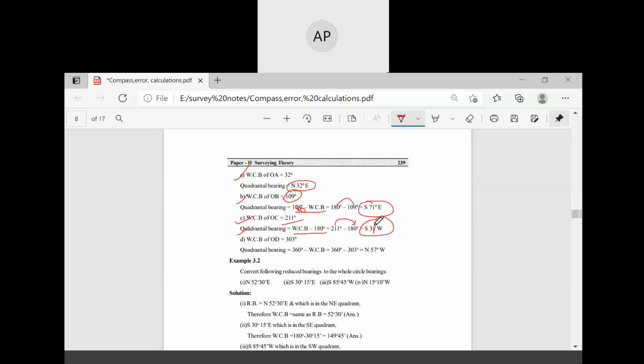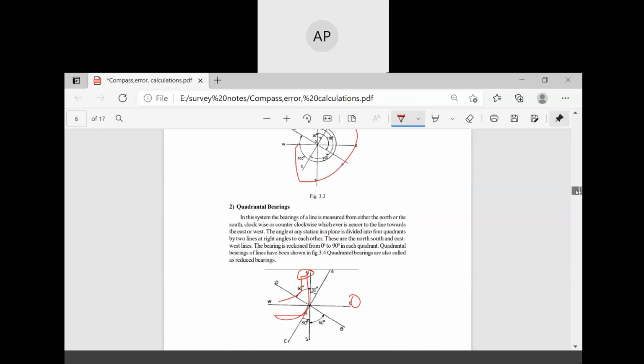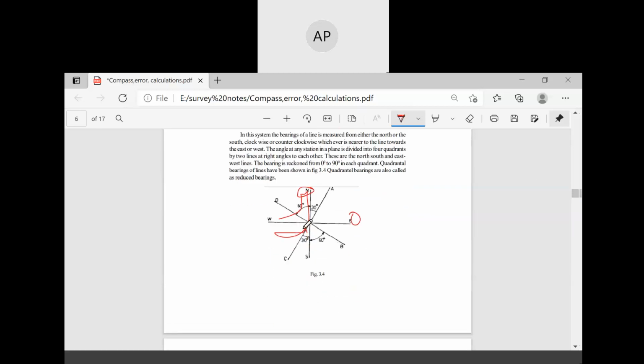The direction is southwest, in this quadrant.